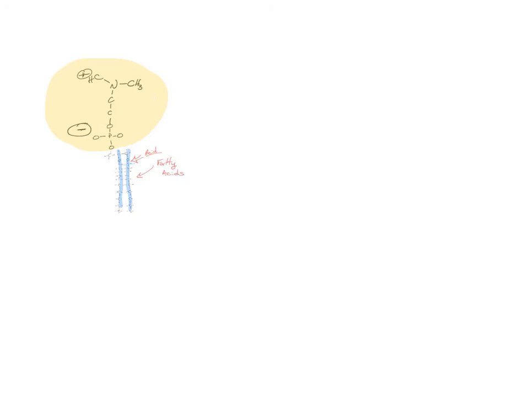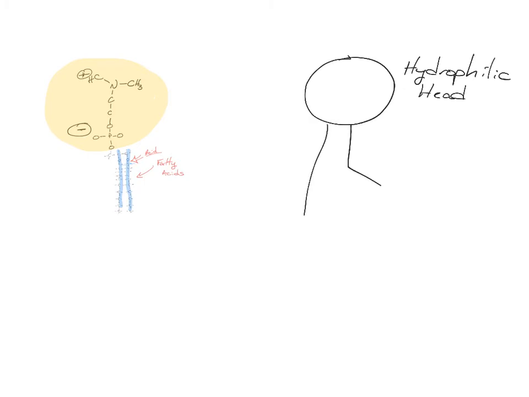When you see it drawn, you're going to see it drawn like this. A head that we call, this is another word you should know by now, hydrophilic head. And they usually draw a tail that looks like this. I'll explain what this is in a second. A hydrophobic tail.